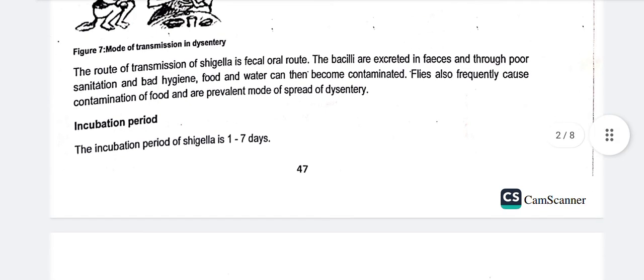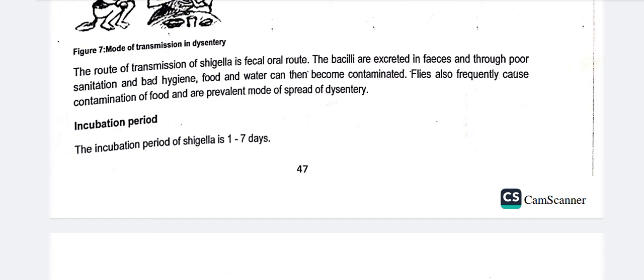Incubation period. What is the incubation period? 1 to 7 days.